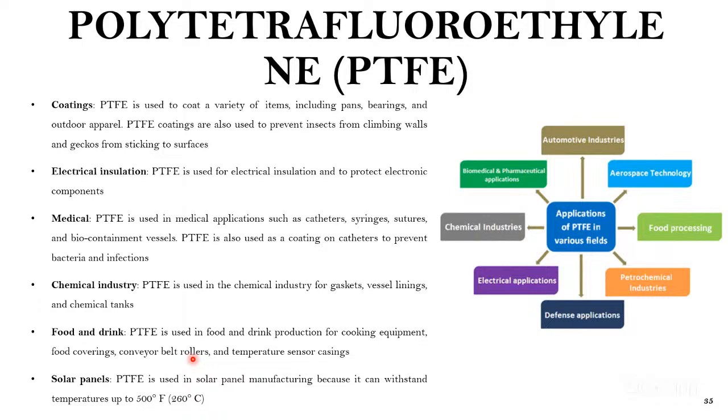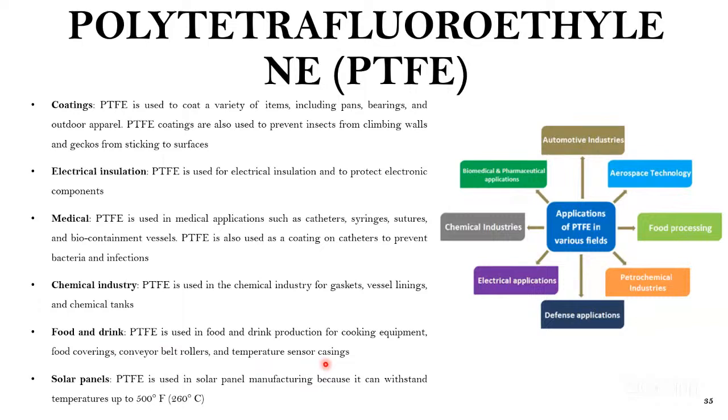Like our two-roll mill, the food industry also has a two-roll mill, but that two-roll mill is made of PTFE. Why? Because no food will stay on the Teflon, so no contamination will occur. If there is no contamination, then it is much better for the food industry. Conveyor belt rollers also use it.